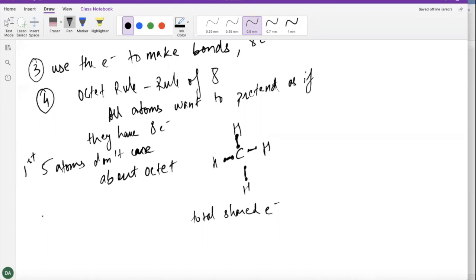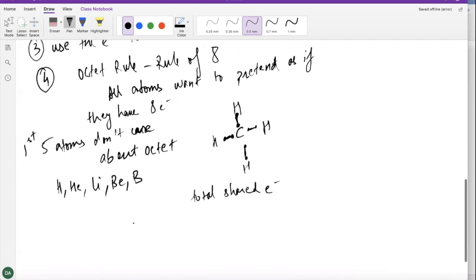Okay, so which ones are the first 5 atoms, guys? Can you name those for me, please? Hydrogen, helium, lithium, beryllium, boron. Exactly. So the first 5. What is special about these guys? Do they care about octet or don't they? They don't care about octet, okay?